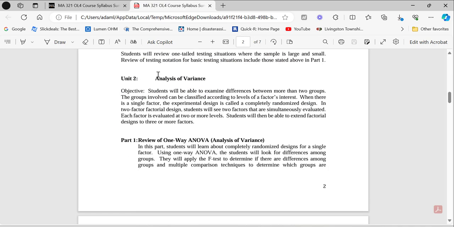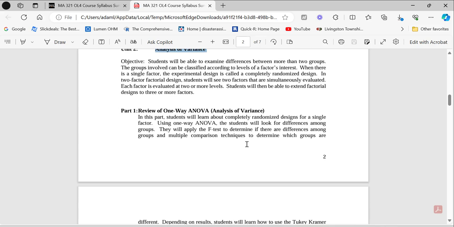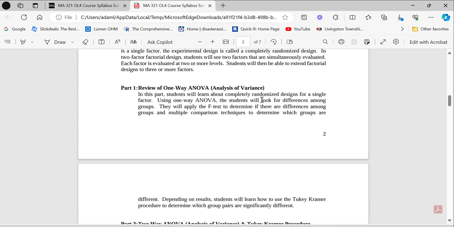And Unit 2 is analysis of variance. So basically, you analyze the variance of the data set and try to understand the consistency among the means, right? So we're going to review one-way ANOVA.